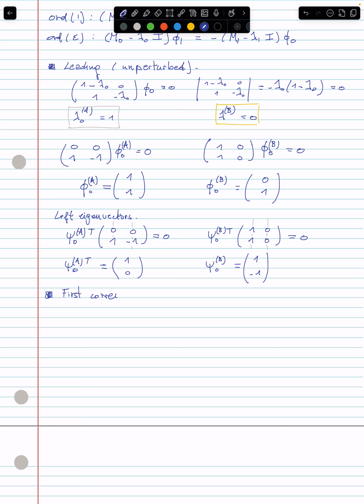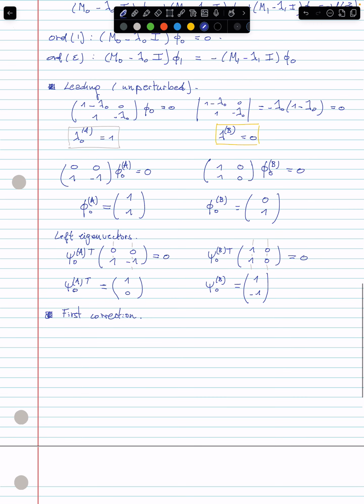First correction. All right, so the first correction, we proceed right on. I think this is something we did already a few times in the previous videos. So we proceed right on with the projection on the left eigenvectors, just to get rid of the left-hand side in that equation.